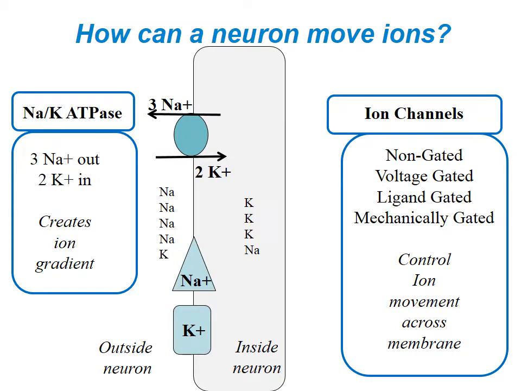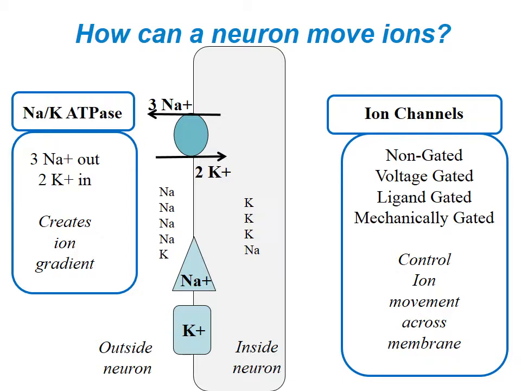Again, a neuron will have to create charge gradients. Well, how will it accomplish that task? By using active transport pumps to force ions across the membrane and by controlling how and when those ions move.